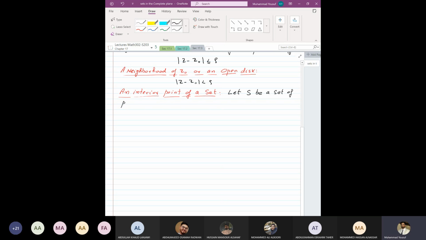Of course, it is a set of points. We have a set S in the complex plane.